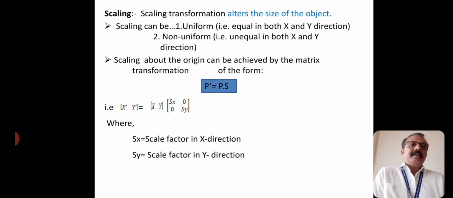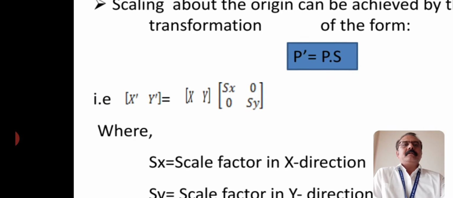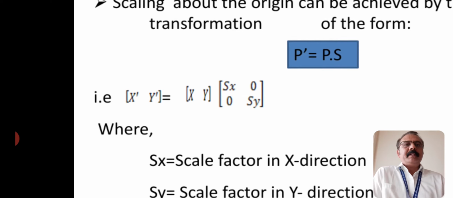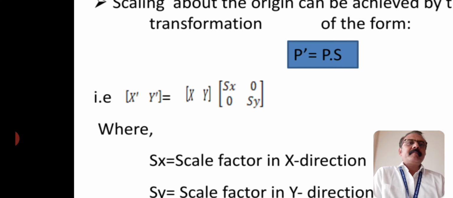As we have already learned in translation transformation, here we consider a point P. Therefore, P dash is equal to x dash y dash, which is equal to capital P, the original point having coordinates x y, multiplied by capital S, the scaling matrix, that is Sx 0 0 Sy.